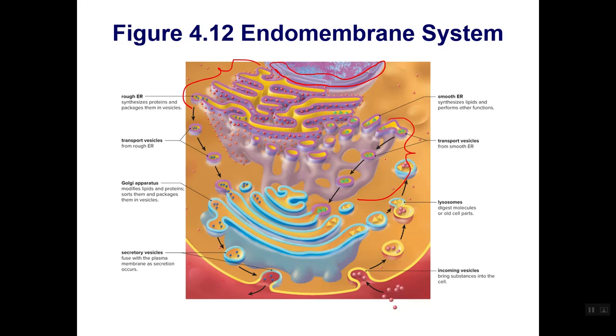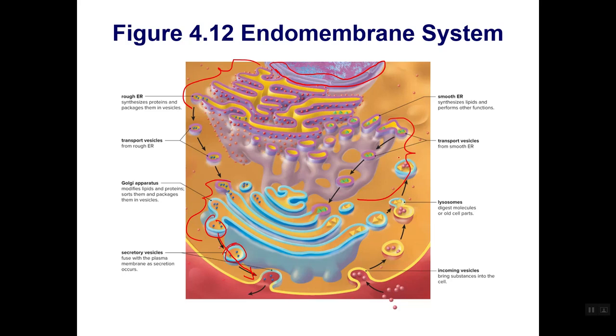Over here you can see it's passing vesicles that contain lipids to the Golgi apparatus, and then those vesicles will be packaged and modified in the Golgi apparatus, which is in the blue, and then after that it can be sent off, you can see that here, somewhere else to a new destination.